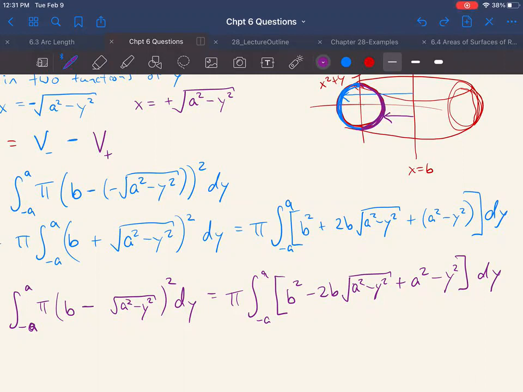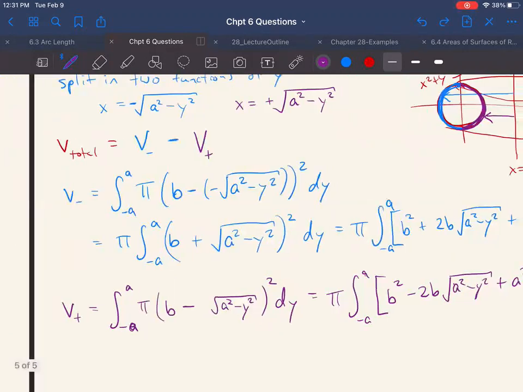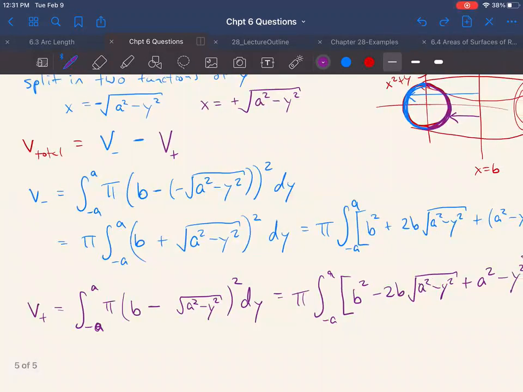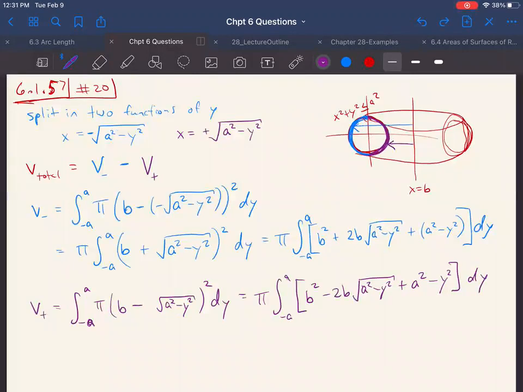A squared is a squared y, and y squared becomes y cubed over 3. Should be able to do those integrals pretty easily. Plug them in from negative a to a, and then subtract the purple one from the blue one, the positive one from the negative. I think that should work. Assuming I didn't make any mistake in there, that should be the right idea.